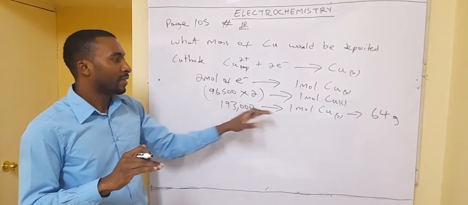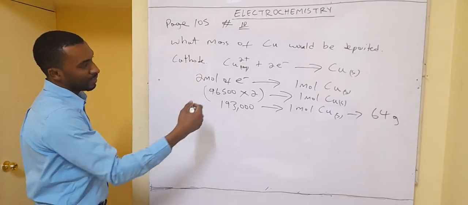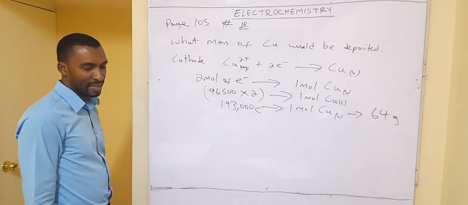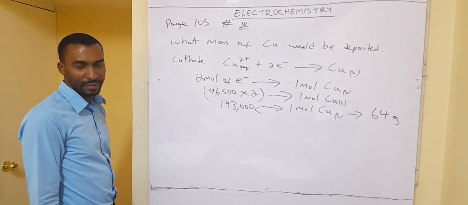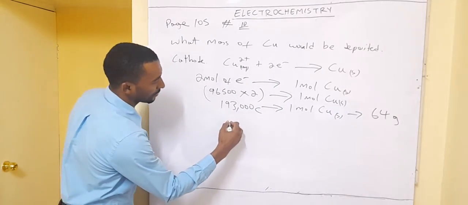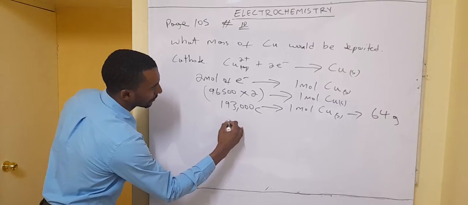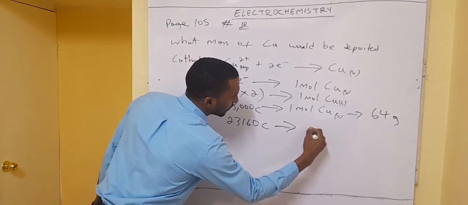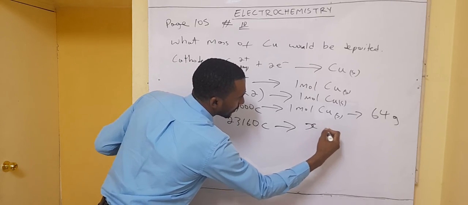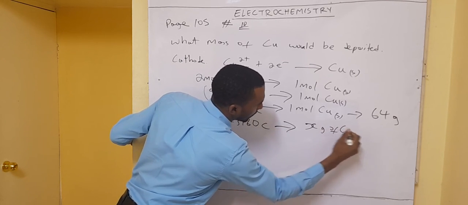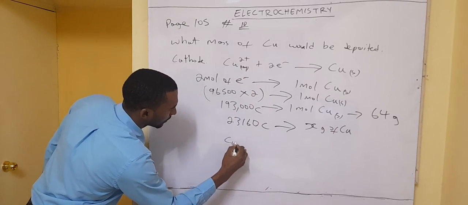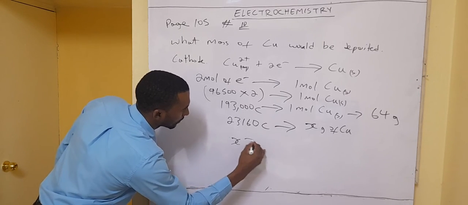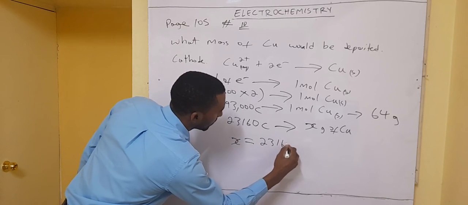Alright? Now, what did we get for the quantity of electricity from the previous part? Because remember it's the same electrolytic cell. What did we get for the quantity of electricity? 23,160 coulombs for X grams of copper.